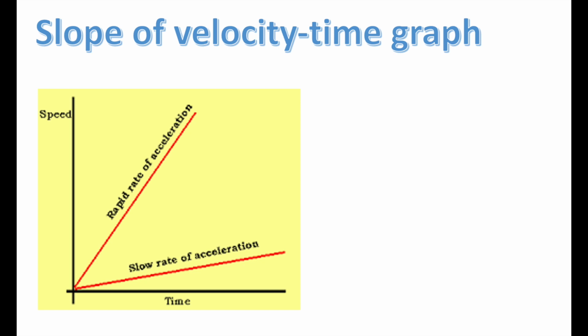So the upper red line shows a rapid rate of acceleration, or acceleration is high, or the slope is high. For the second red line, you can see that it is a slow rate of acceleration. The slope is very small, it's coming almost parallel to the x-axis.